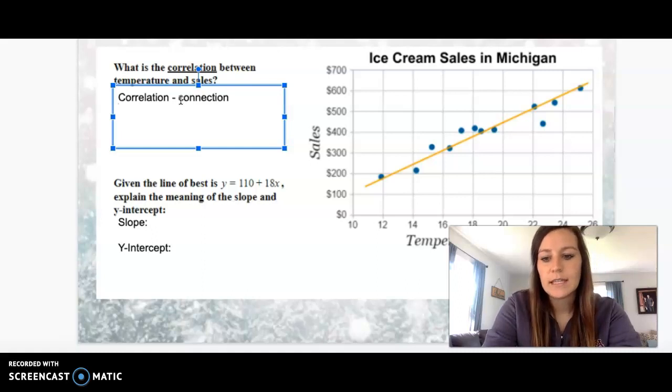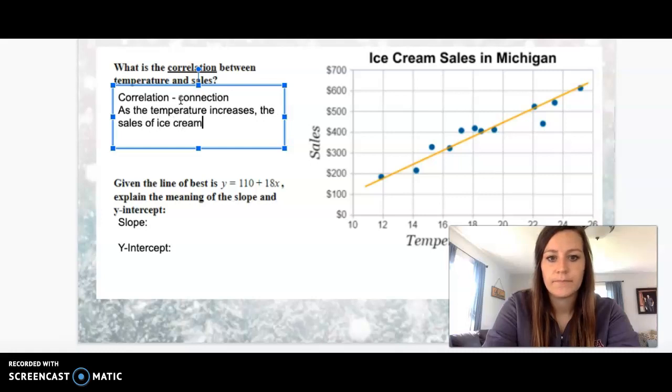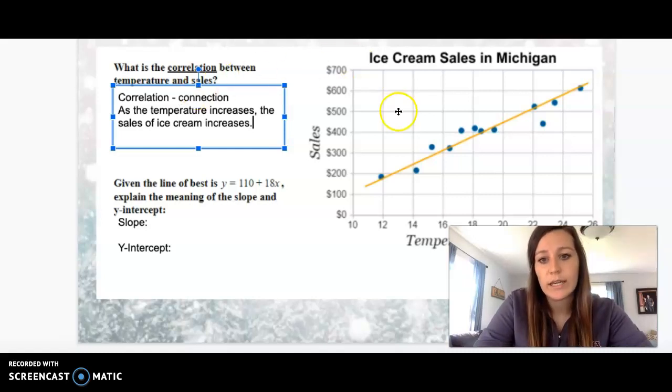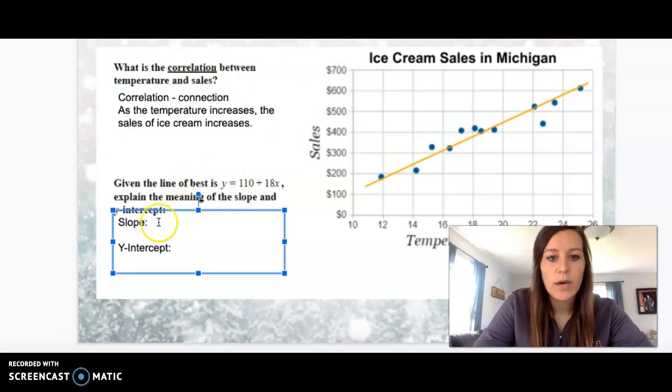And what we could say here, in general, is as the temperature increases, the sales of ice cream increases. And that would be it. That would be a great description of the connection or the correlation between ice cream sales in Michigan and the temperature.